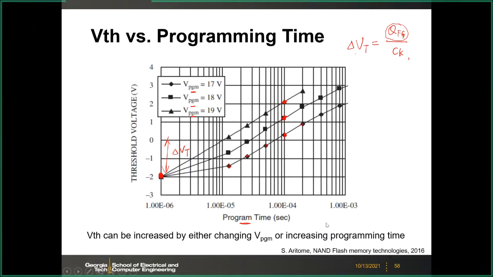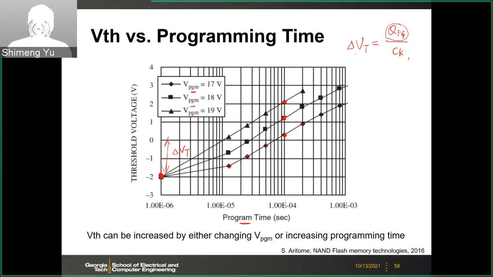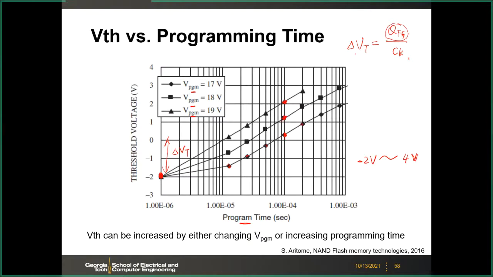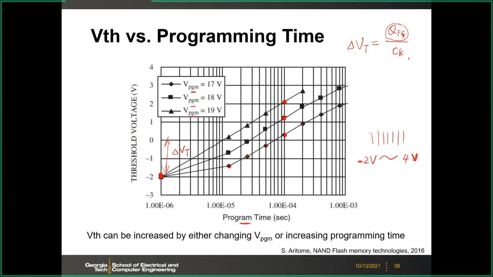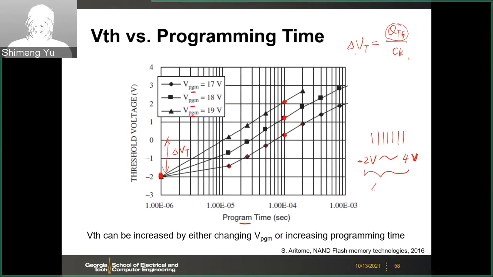Typically, the range for the VT tuning is from like negative 2 volts up to like 4 or 5 volts in the NAND flash floating gate transistor. So you can insert multiple levels in between. If you do 3 bits per cell, let's say in total you have a delta VT of around 6 volts.